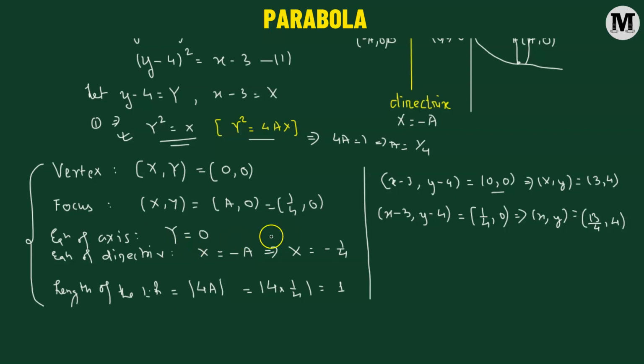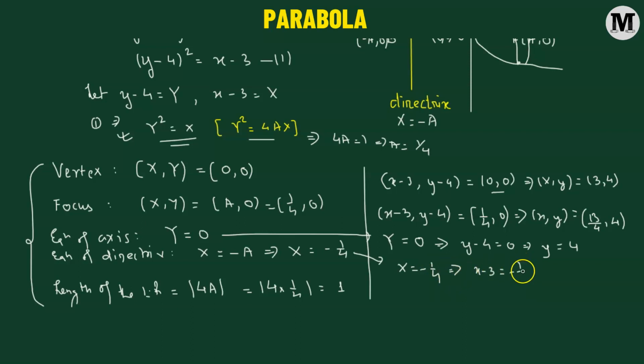And then coming to the equation of the axis. Here we had originally obtained y equals 0. But transformed, it will be y minus 4 equals 0, which means y equals 4 would be the equation of the axis. Then coming to the equation of the directrix, we obtained x equals negative 1/4, but we have to replace the value of x with x minus 3 equals negative 1/4.